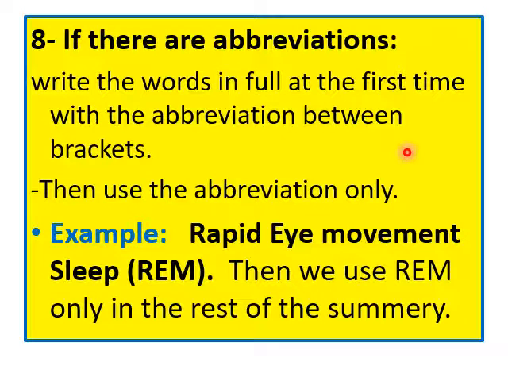The same now, if I have a specific abbreviation in the original text, in writing my summary I cannot write the abbreviation directly, especially if I'm going to refer to it more than once in my summary.